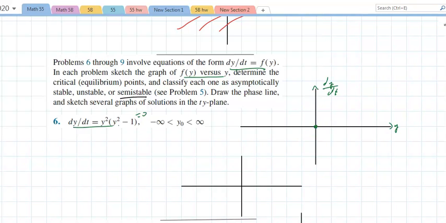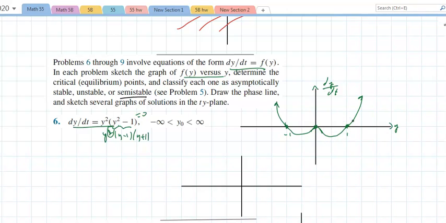Just to show a bit more, let's say that's 1, and let's say that's negative 1. Well, I know this behaves like y to the 4th, and this is y squared times y minus 1 times y plus 1. So this has multiplicity 1, behaves like a line. This has multiplicity 2, it looks like a parabola.